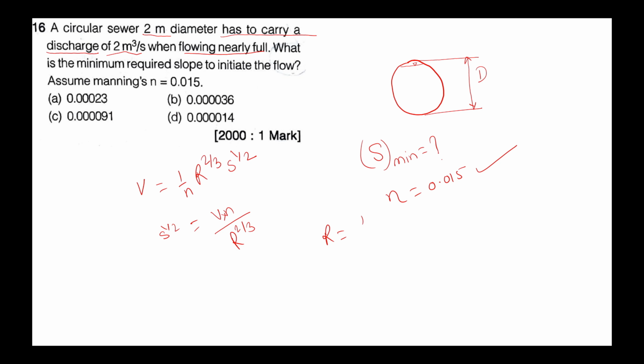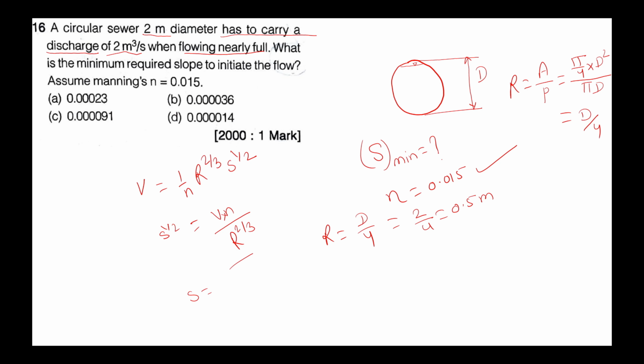R is nothing but D by 4. How does it come? Area by perimeter, so pi by 4 into D square divided by perimeter, which is pi D. So here you get D by 4. The diameter is 2 meter divided by 4, that means R is 0.5 meter.